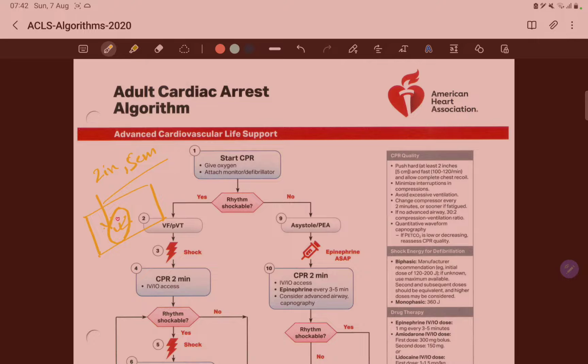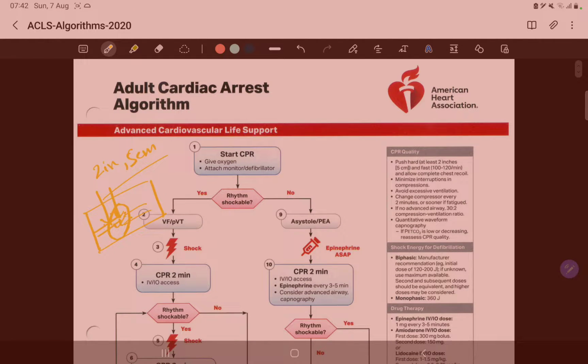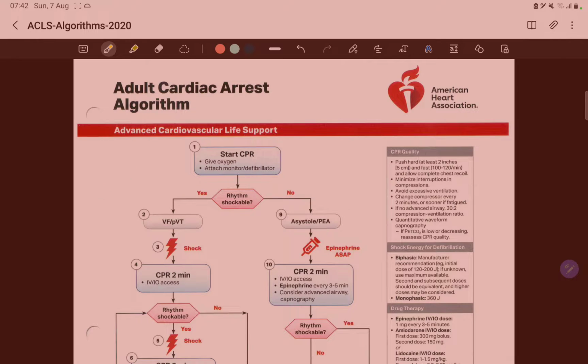Whatever oxygenated blood we have in the arteries and veins, we are trying to do the heart's work and circulate it to the major organs, especially the brain, and to the heart itself. In the pediatric age group we have a different system: 1/3 of the chest should be compressed.